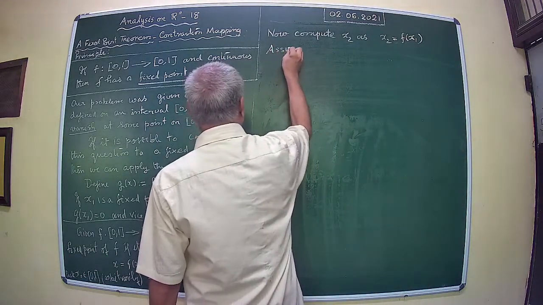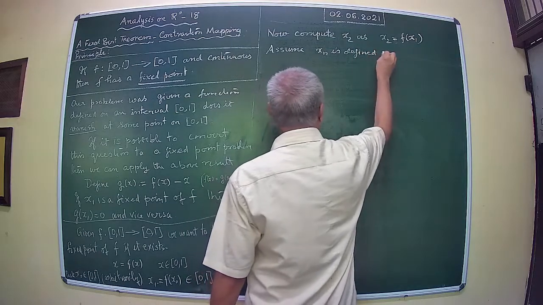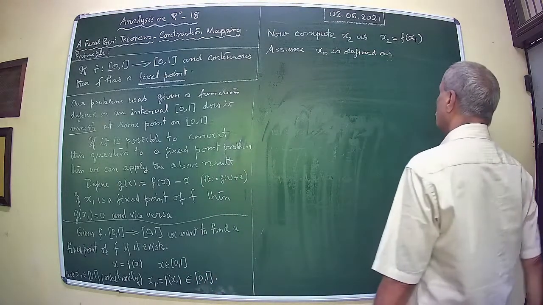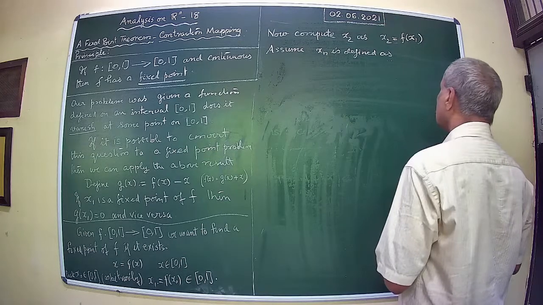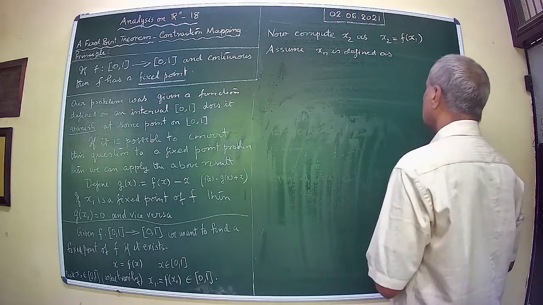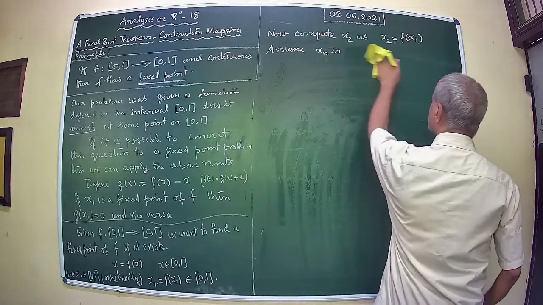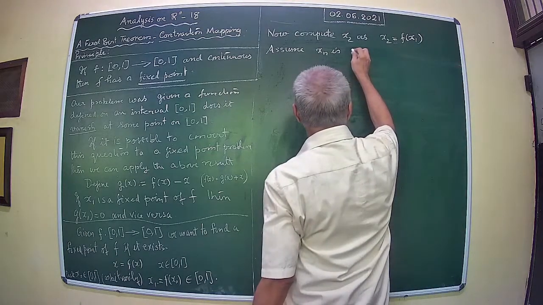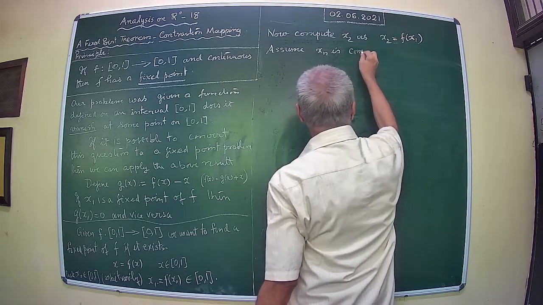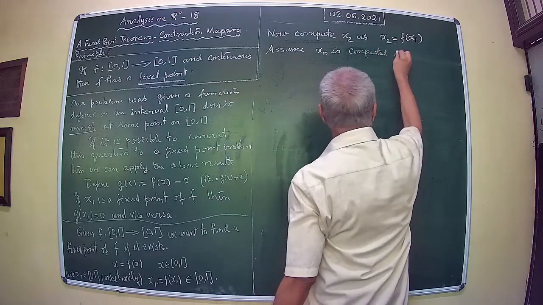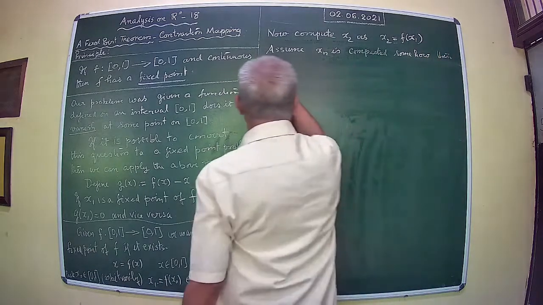Assume xn is given, computed somehow, then compute x(n+1) as f of xn.